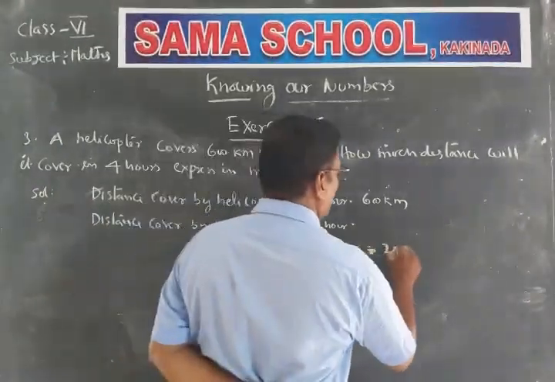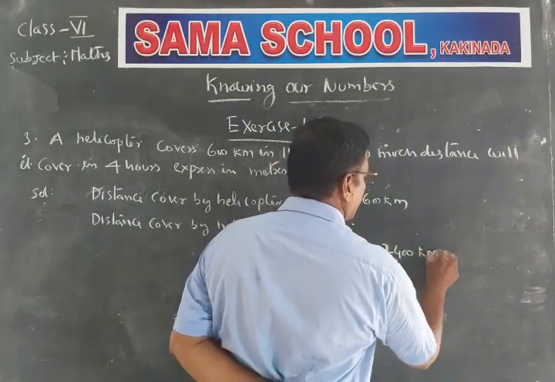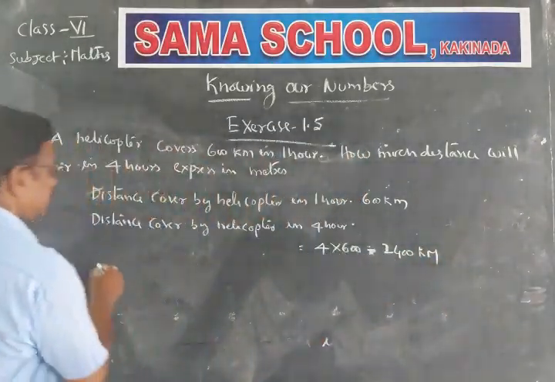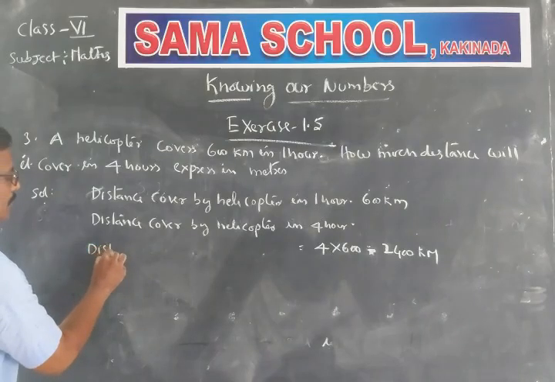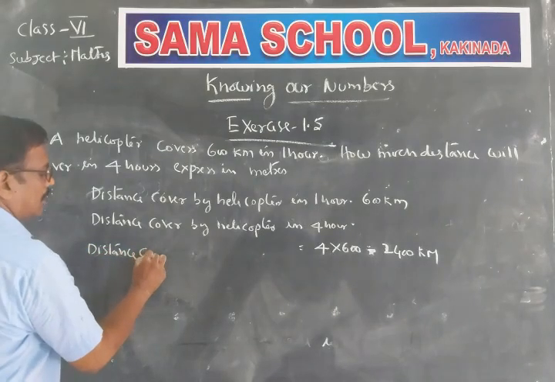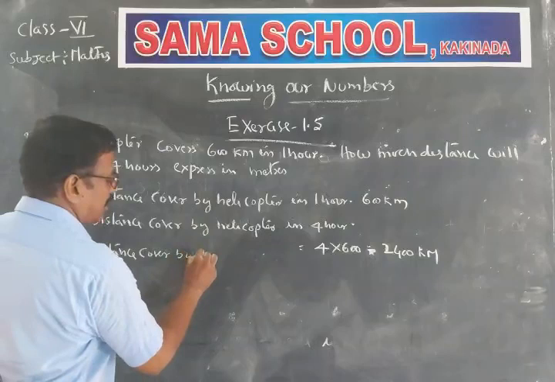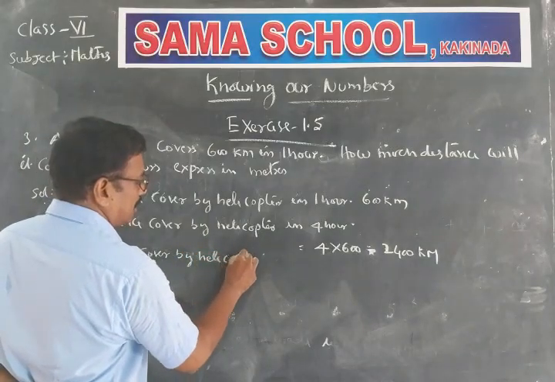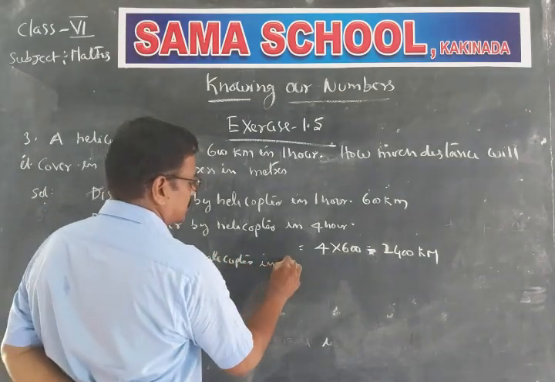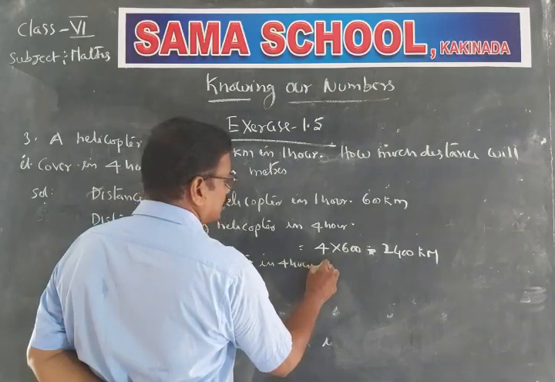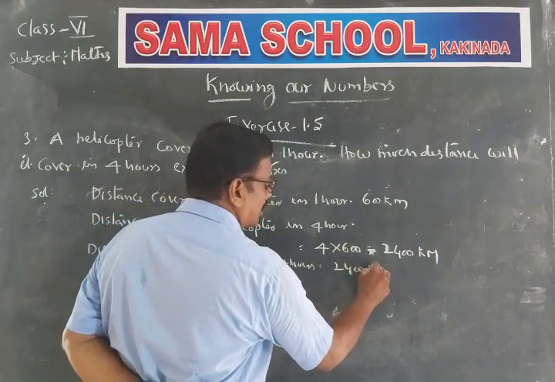That is 2400 kilometers. So the distance covered by the helicopter in 4 hours is equal to 2400 kilometers.